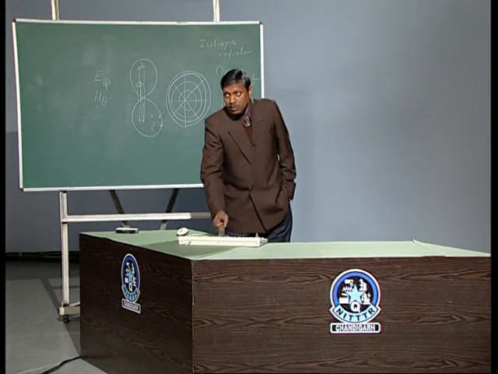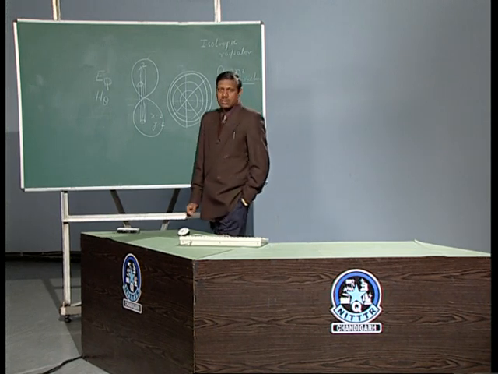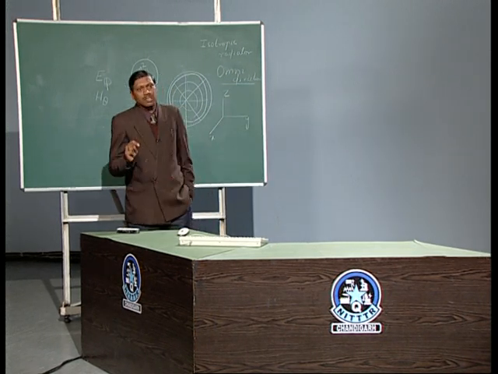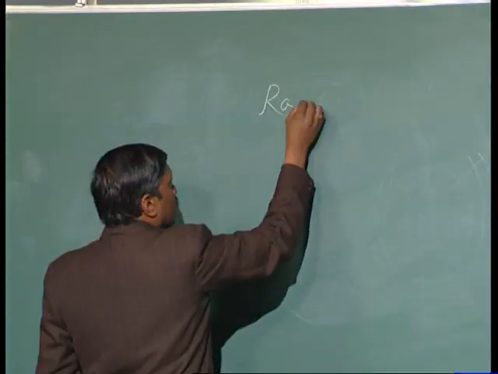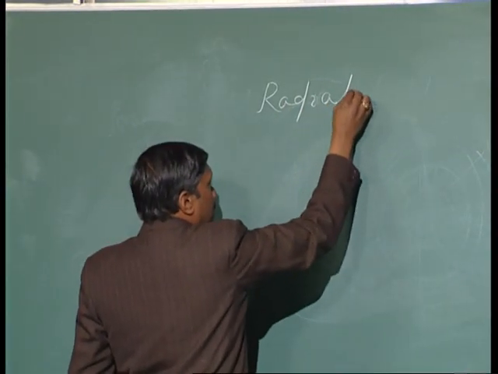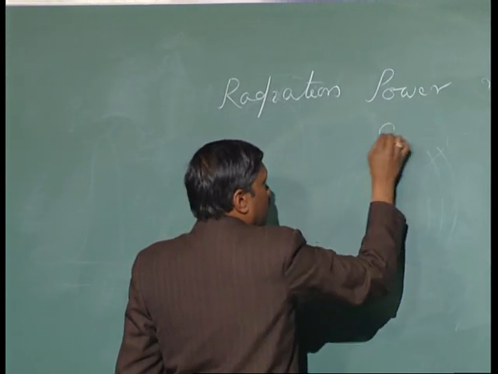Now, let us go to very interesting antenna parameters which are attached with radiation patterns. The next important parameter which is attached with the radiation pattern is called radiation power density.